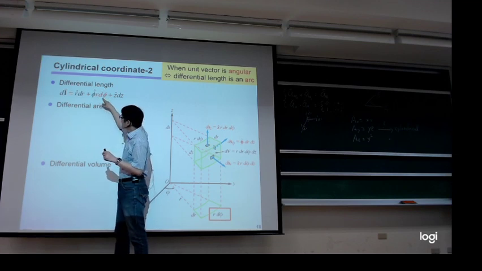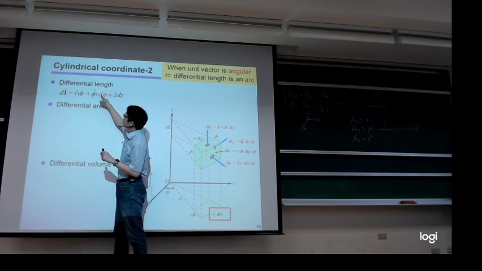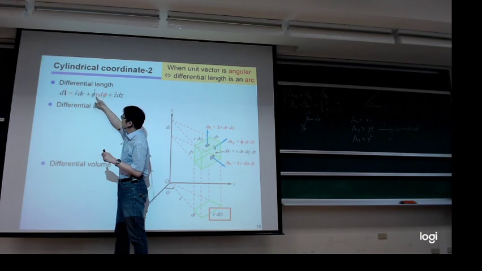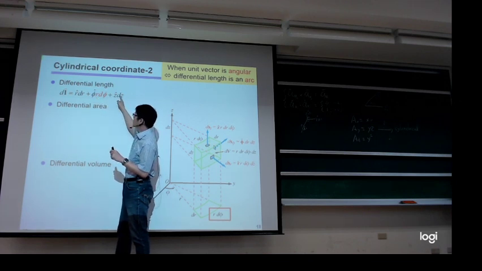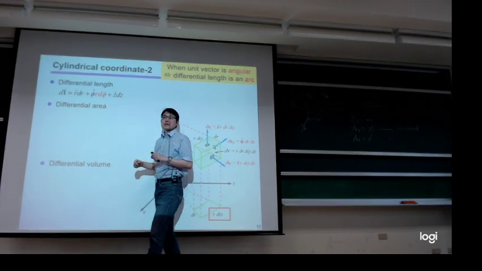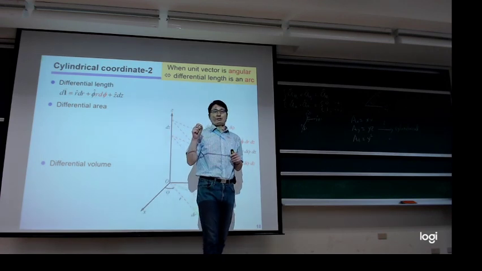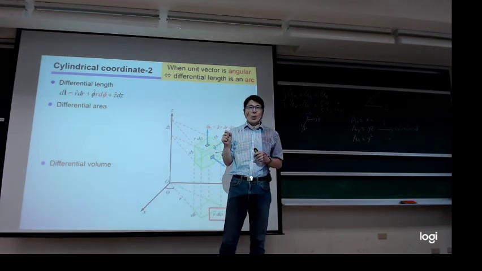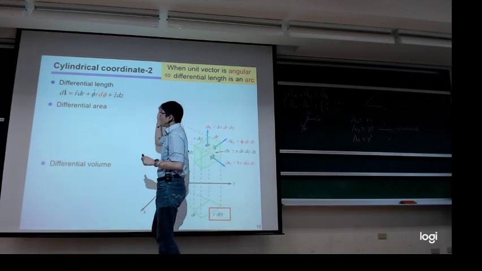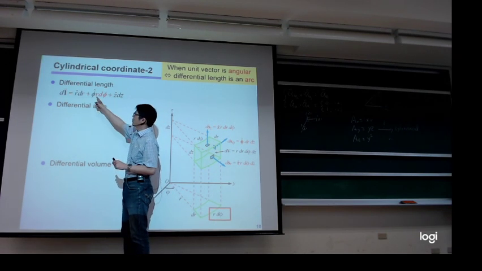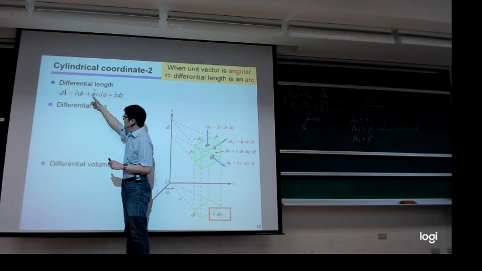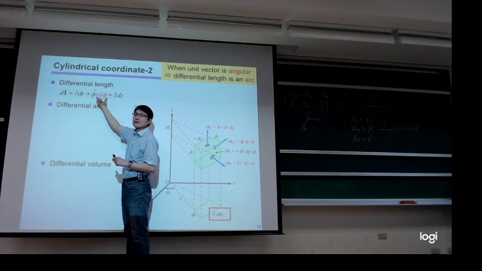You have a small angular change, but your total arc must be multiplied by the radius. The z direction is just dz times z. So to properly write down the differential length in cylindrical coordinates, you have to pay special attention: when the phi direction is an angle, the differential length is an arc.